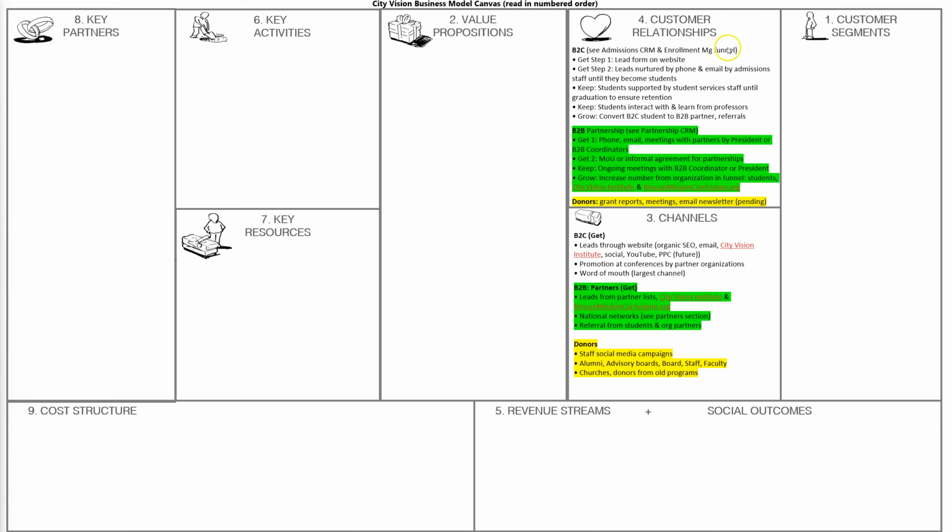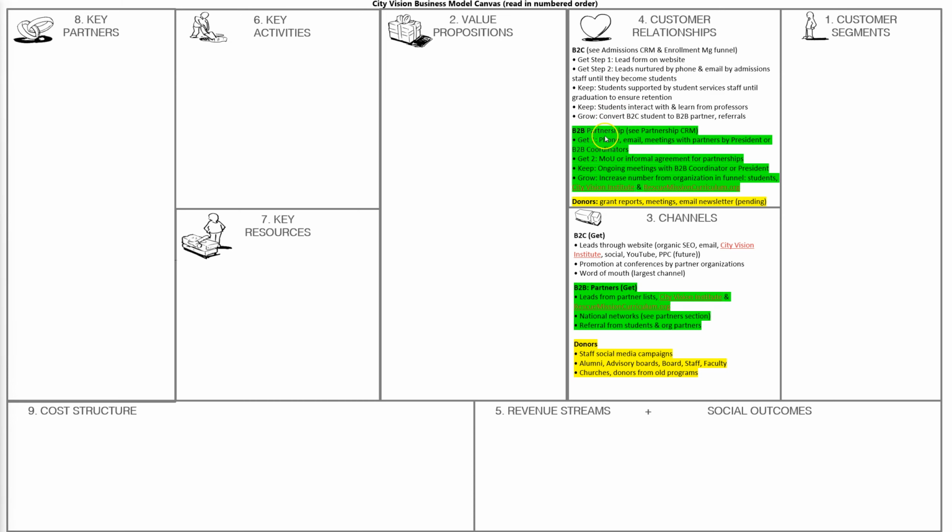We have an enrollment management funnel that we use. It goes from a lead form on the website, Nancy calls them, and then we have student services. We like to see students who start off as individual students at an organization, and if they're served well, we've had some organizations send us 40 students. So that's our primary engine of growth.